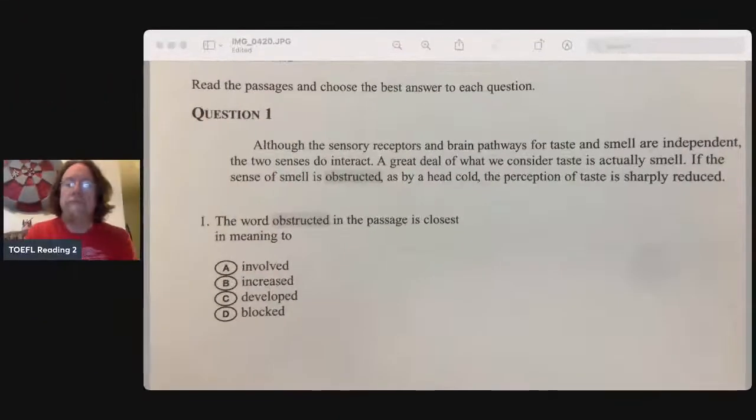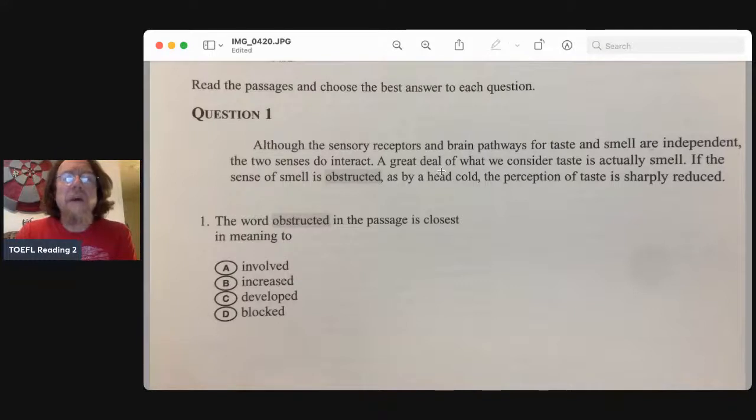Okay, here we go. Instructions. Read the passages and choose the best answer to each question. Question 1. Although the sensory receptors and brain pathways for taste and smell are independent, the two senses do interact.